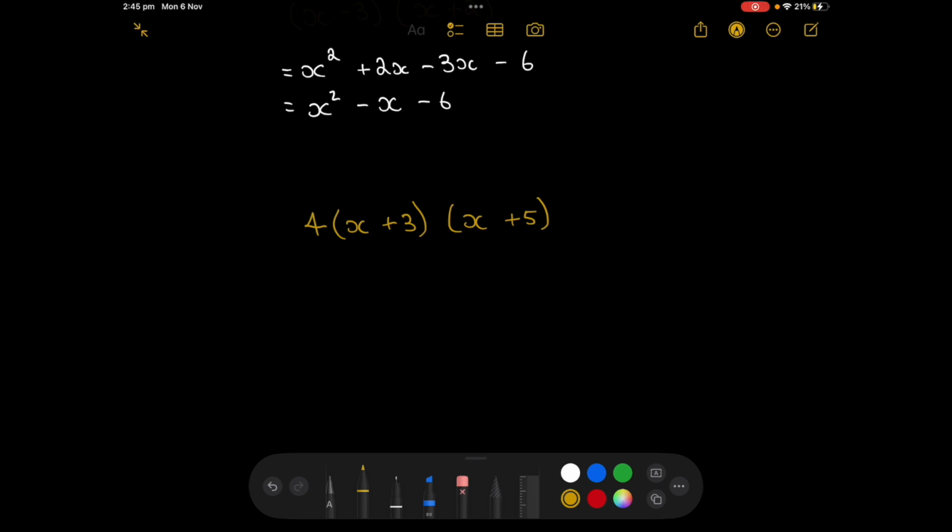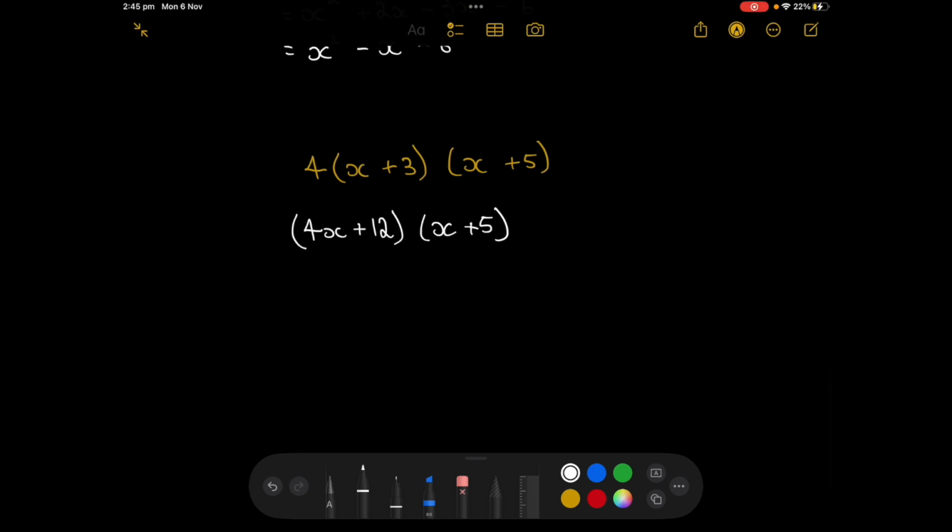I'm going to start by multiplying using the distributive law. So I'm going to have 4x plus 12 multiplied by x plus 5. Okay, so now I've got my two binomial expressions, and I can expand using FOIL. First, 4x times x is 4x squared.